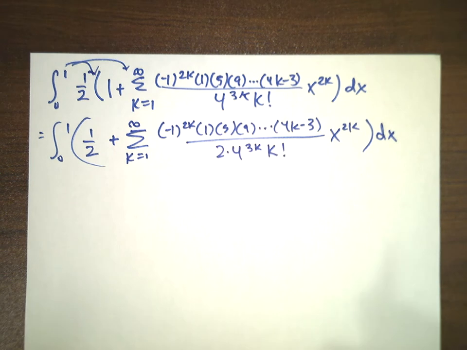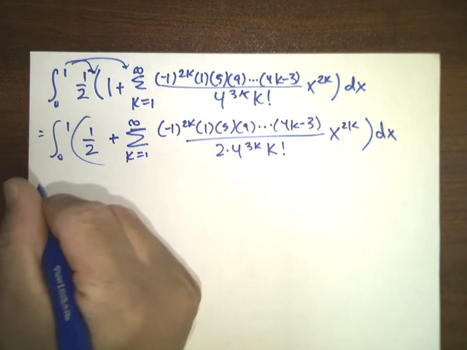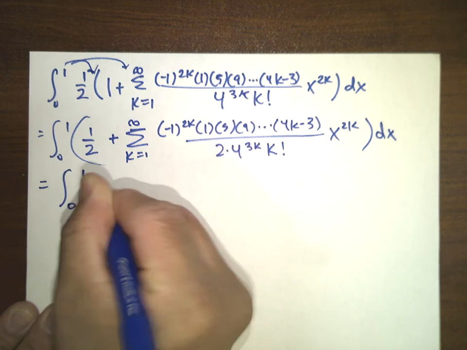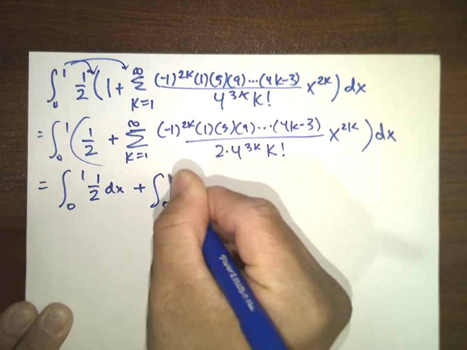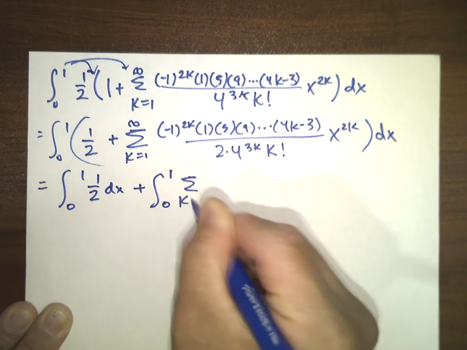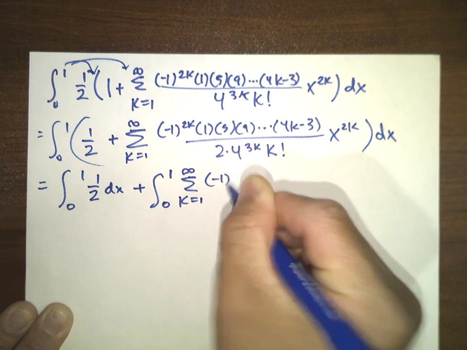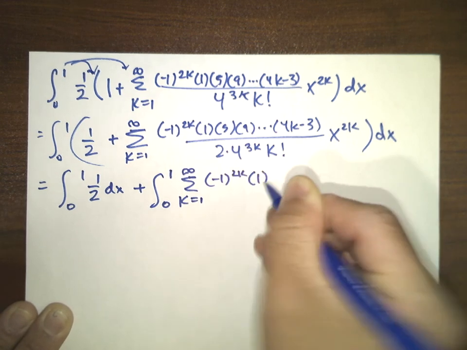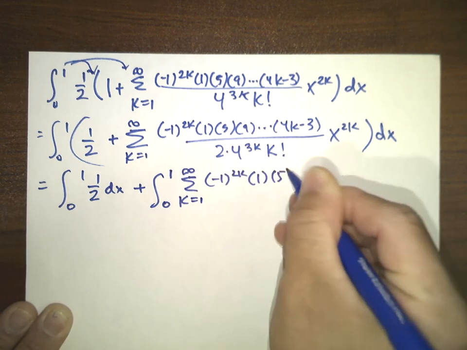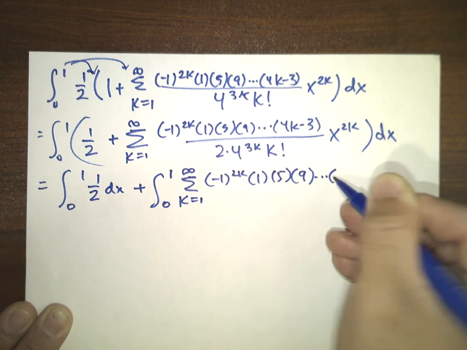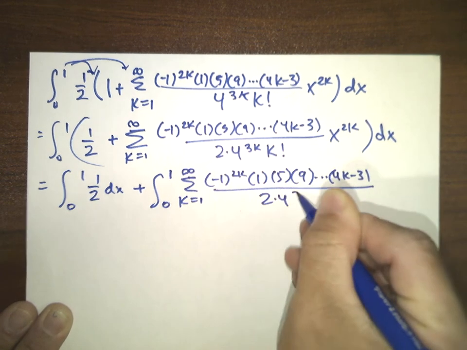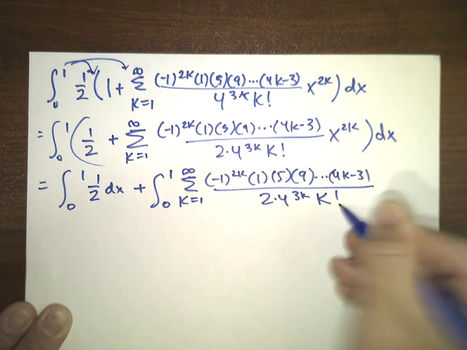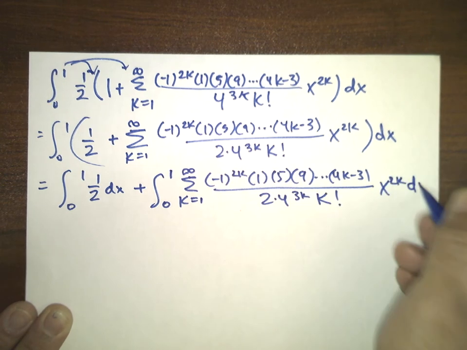All right, so now what do we have? This is equal to the integral from 0 to 1 of a half dx plus the integral from 0 to 1 of the sum k equals 1 to infinity, negative 1 to the 2k, and then 1 times 5 times 9 all the way to the 4k minus 3 all over 2 times 4 to the 3k times k factorial x to the 2k dx.